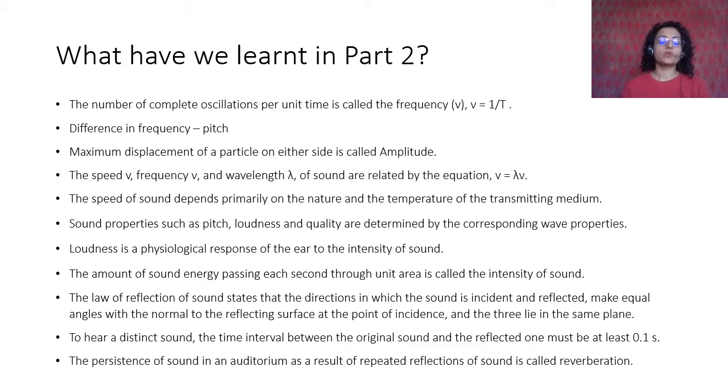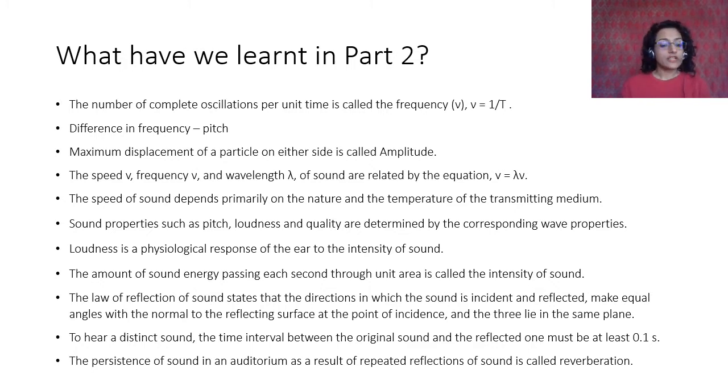The speed of sound depends primarily on the nature and the temperature of the transmitting medium. Sound properties such as pitch, loudness, and quality are determined by the corresponding sound wave properties. Loudness is a physiological response of the ear to the intensity of the sound. The intensity is the amount of sound energy passing each second through unit area.